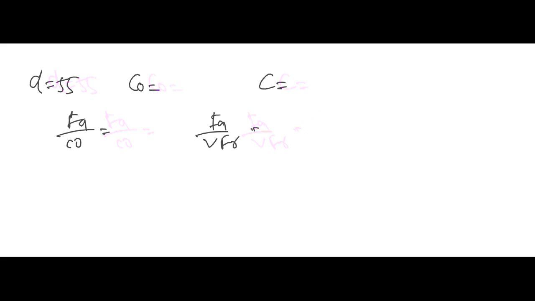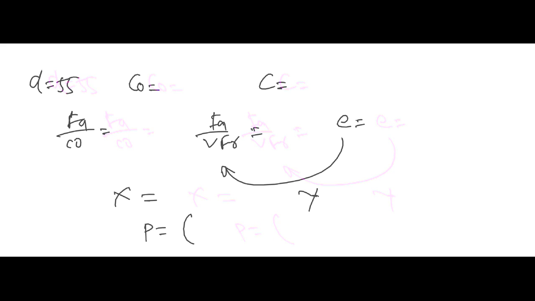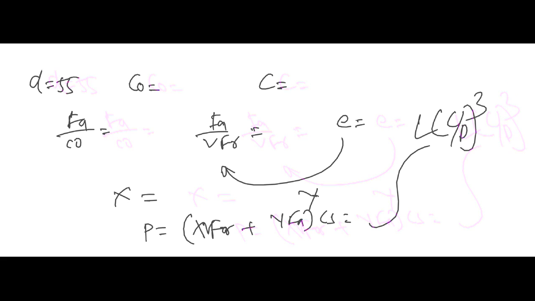Then find the value of E. Then compare this value of E again with FA divided by VFR, and find out the values of X and Y. Then you calculate the equivalent load. Substitute back in the equation L equal to C by P to the power of 3.